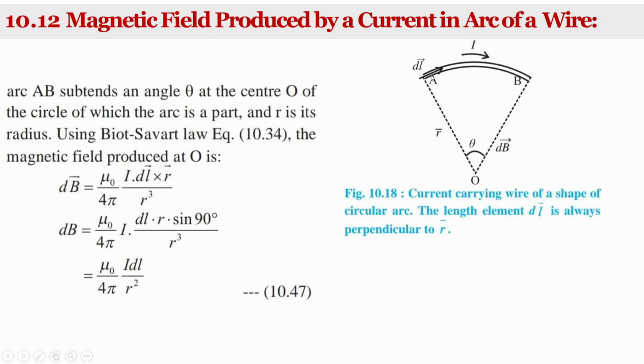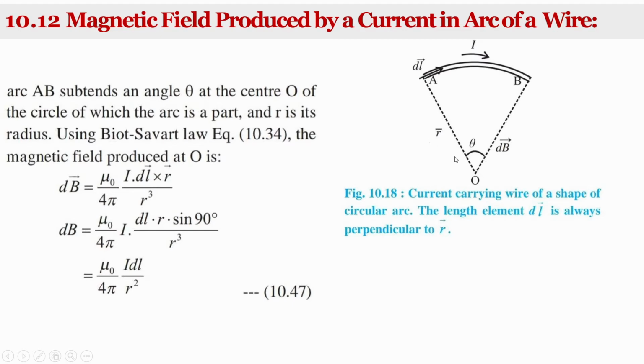Take the arc AB with current I flowing through it. This arc AB subtends an angle theta at the center of the circle of which the arc is a part.